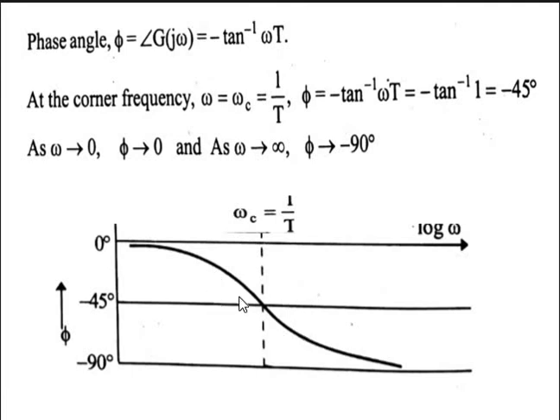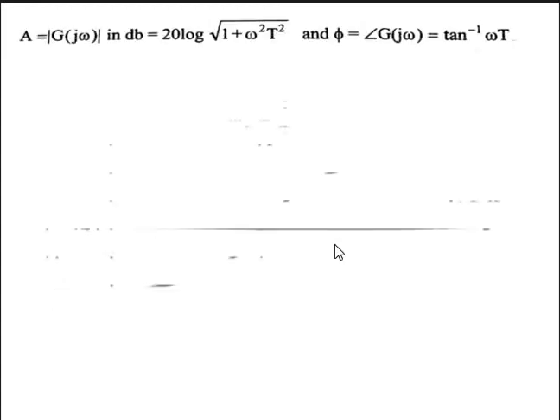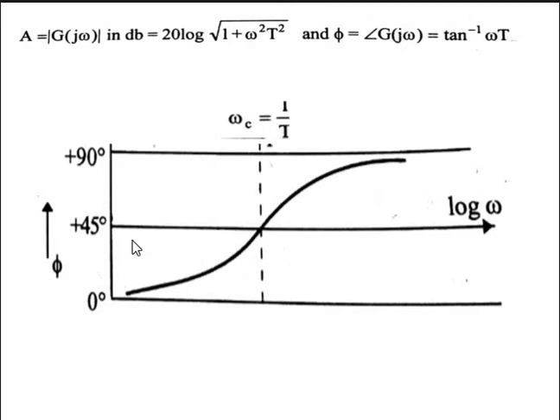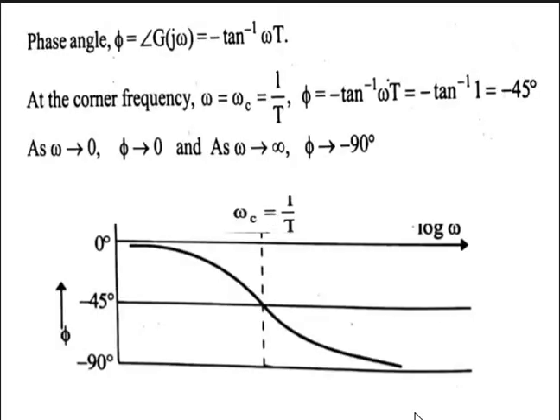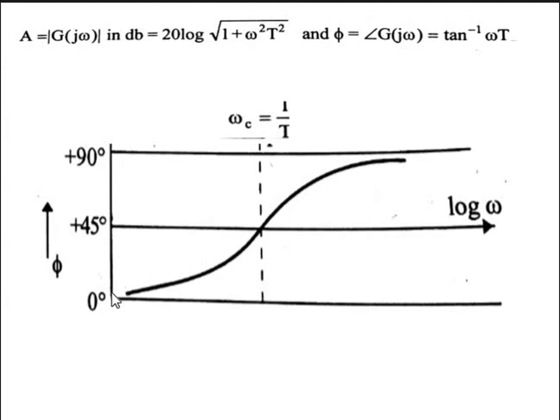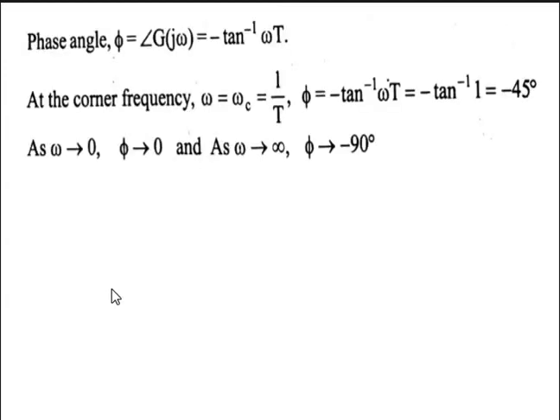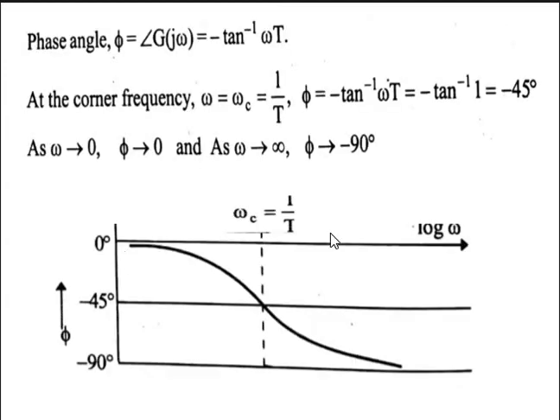And when omega is equal to infinity, it reaches plus 90 degrees, whereas in the pole case it reaches minus 90 degrees. So both start at 0.